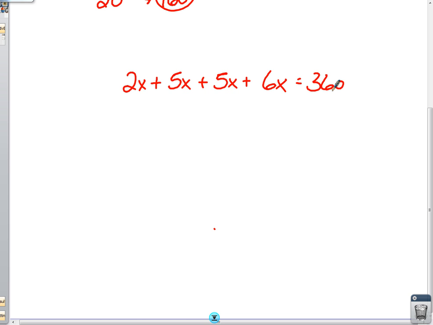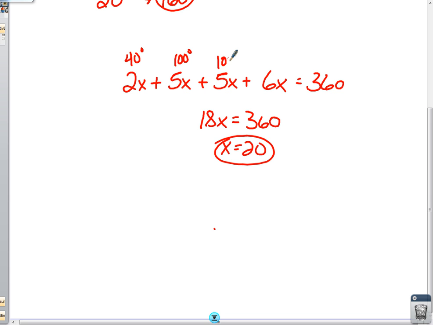We solve the equation. 18x is 360, and you should get x is 20. The 4 angles, therefore, would be 40, 100, 100, and 120. What is the measure of the smallest angle? 40 degrees. Number 12, what is the length of the rhombus below?